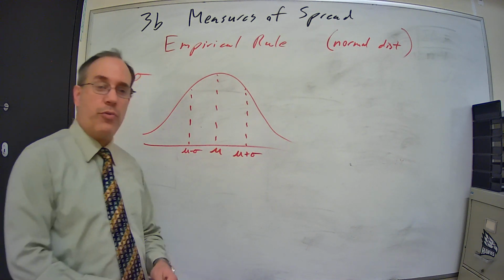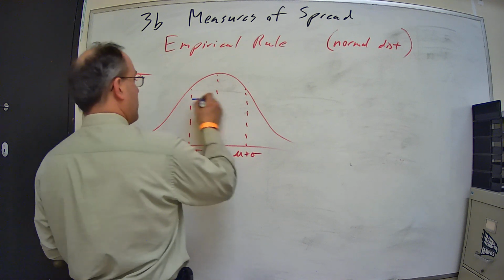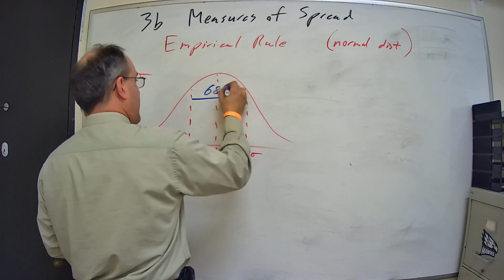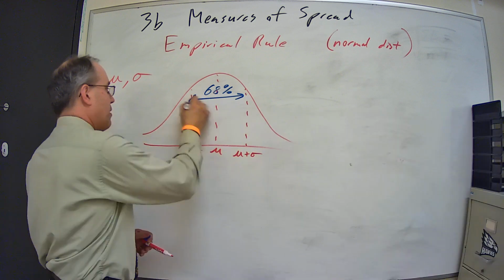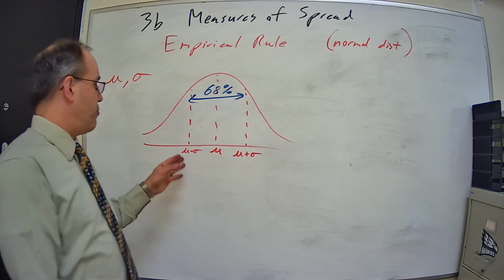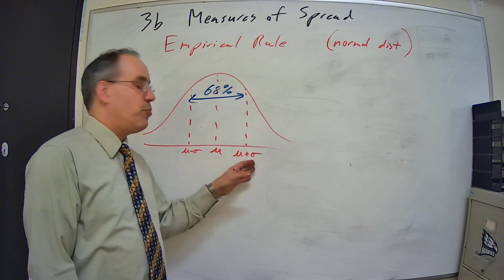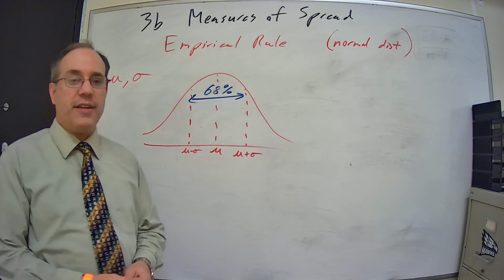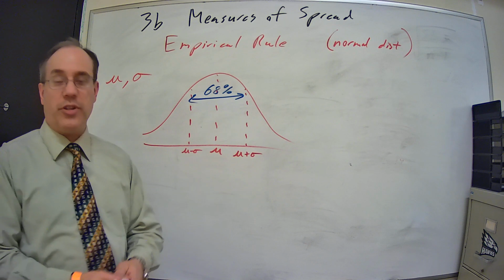According to the empirical rule, 68% of the data is within one standard deviation of the mean. So from mu minus sigma to mu plus sigma, in that range, you'll find 68% of the data for any normal distribution.